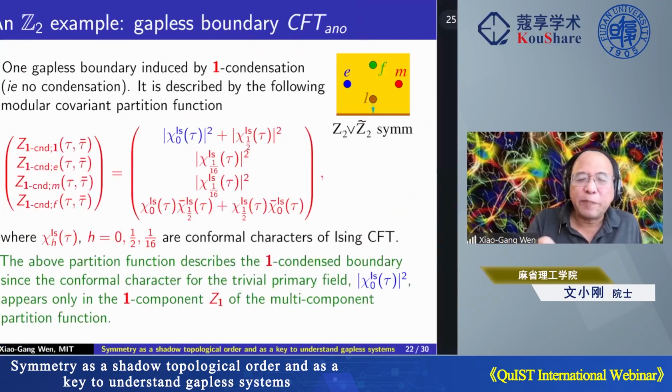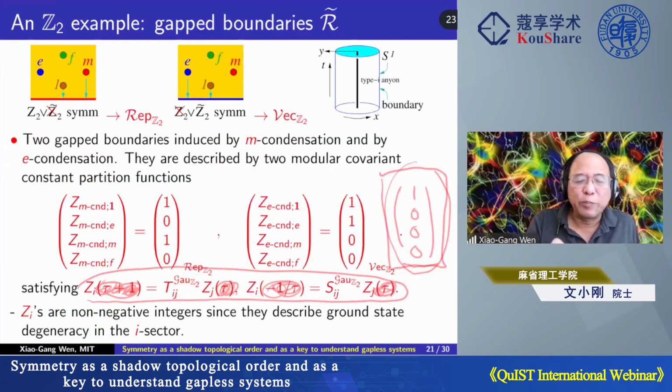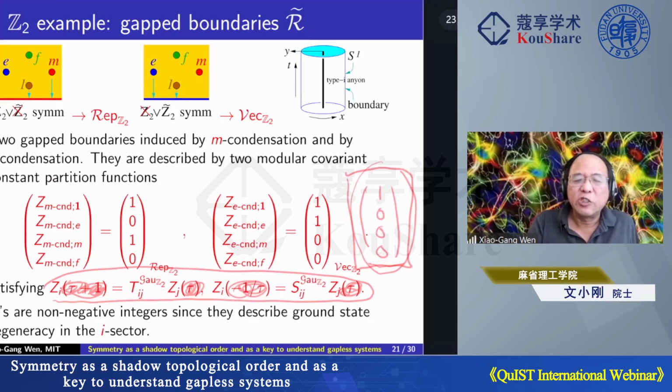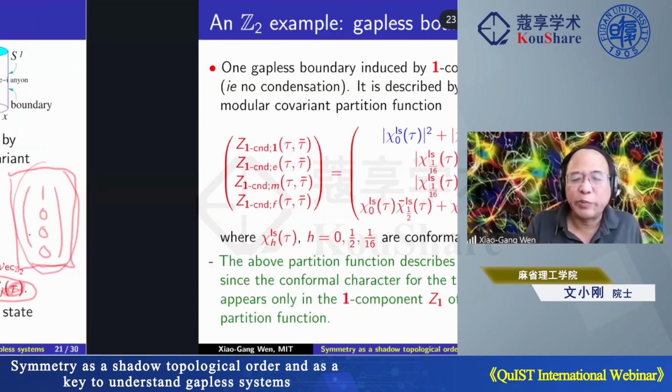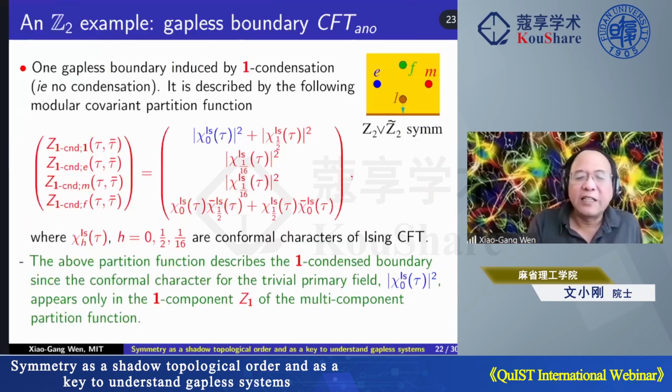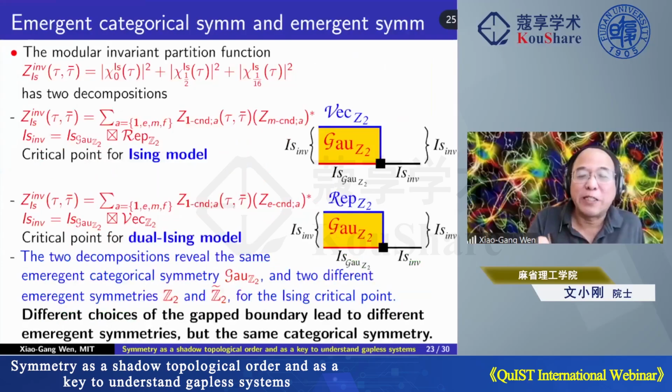And then this partition function can have an inner product, say with this one. So only the first and the third component contribute, which means only this component and that component contribute. And that gave us this modular invariant partition function.